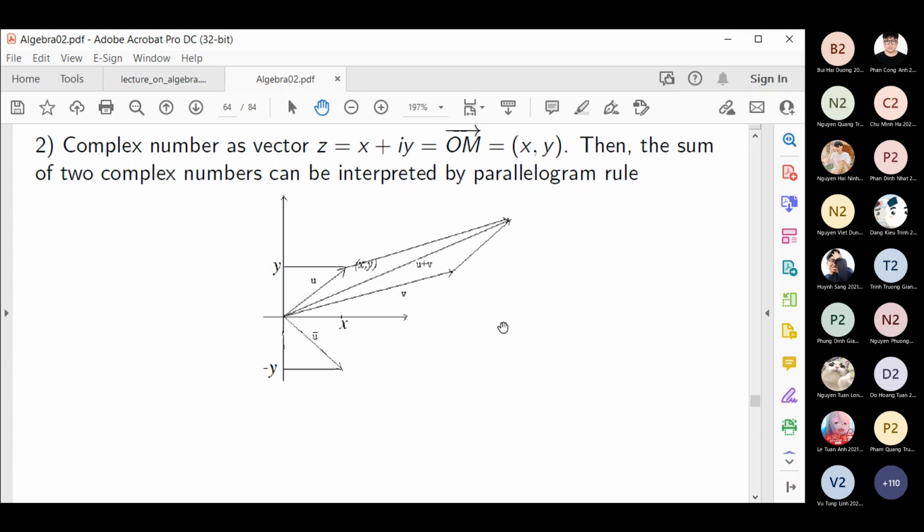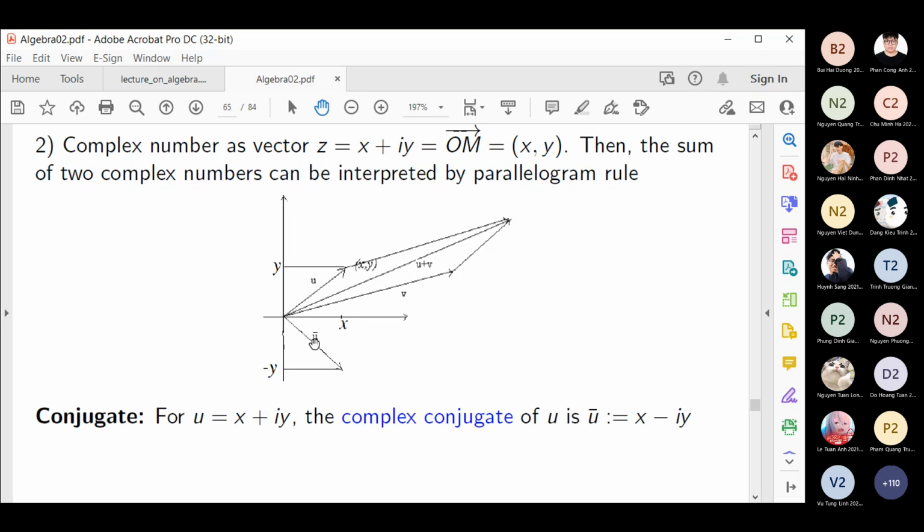Also, in this representation of complex numbers as vectors, you have some other notation like the conjugate. This is u, the complex number u, and the conjugate u bar is simply defined as follows.